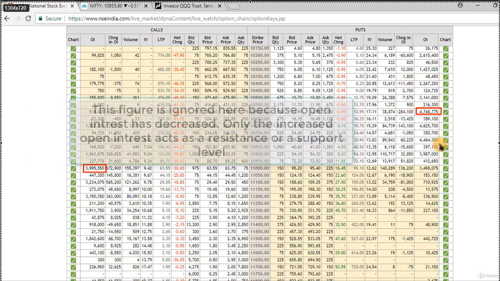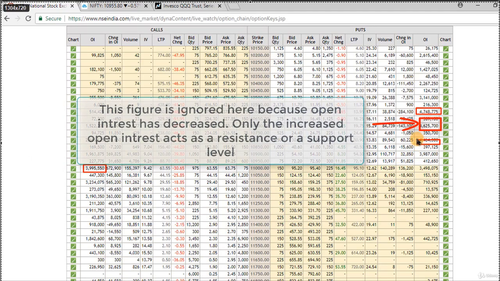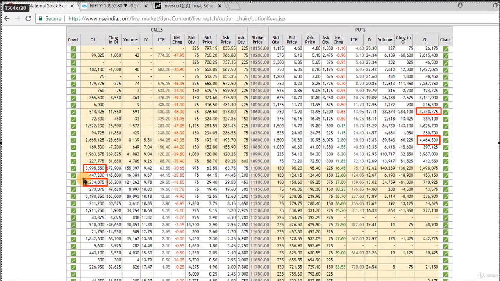this 10,800 put option has the second highest open interest and the 11,100 call option has the second highest open interest. So we can expect a range between 11,100 and 10,800 for this expiry.